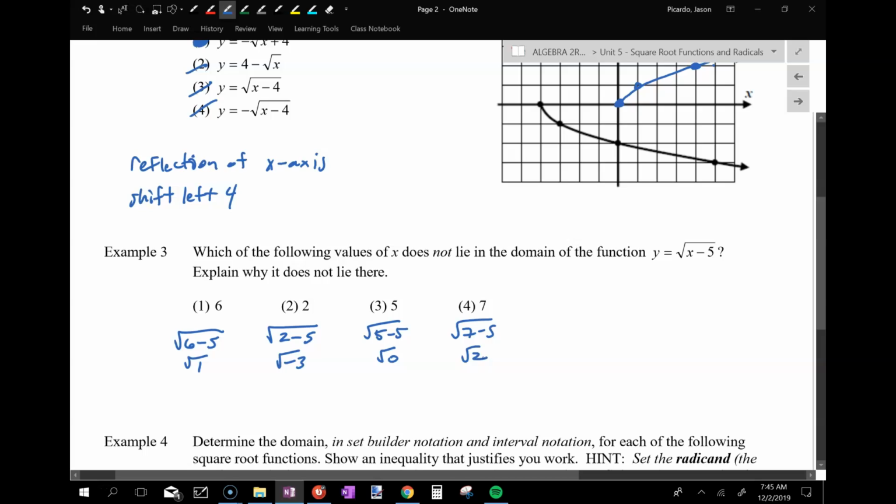Right? And so what do we say? I'm allowed to get positive numbers. I'm allowed to get 0. I'm not allowed to get a negative value, right? So this, right? This right here is no good. That's no good. We don't want that.